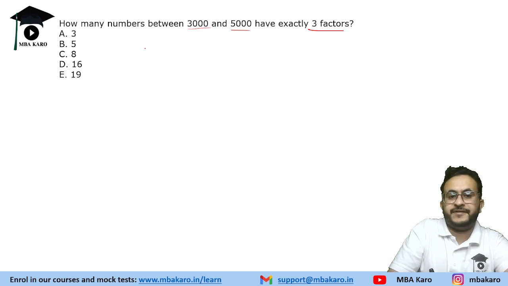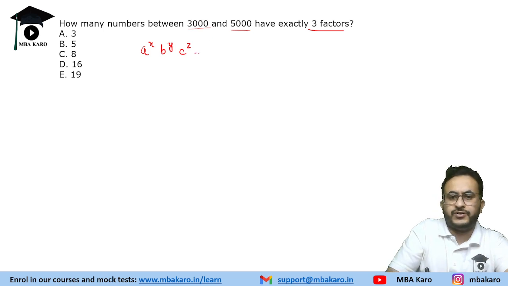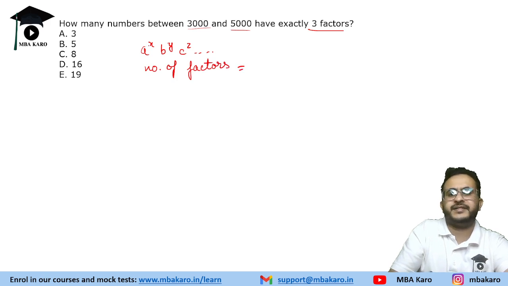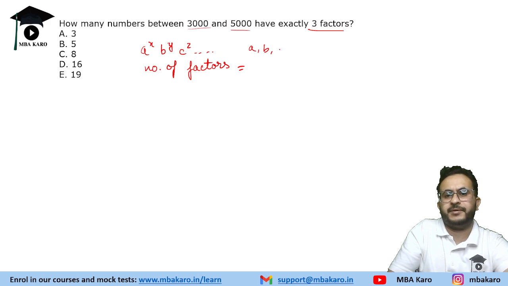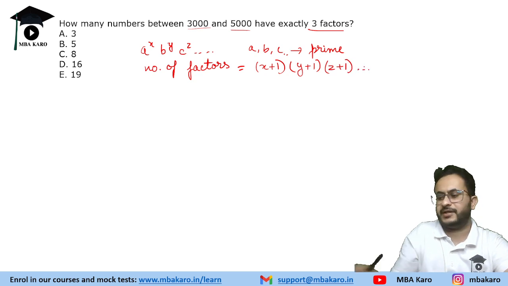Let us say we have a number a raised to the power x, b raised to the power y, c raised to the power z, and so on, where a, b, c are prime numbers. So the number of factors is (x plus 1) into (y plus 1) into (z plus 1), and so on, whatever are the powers.